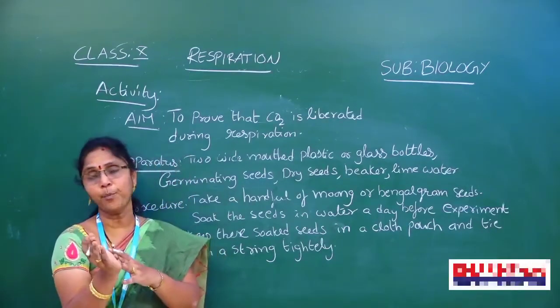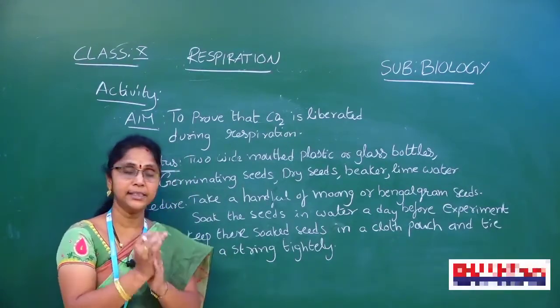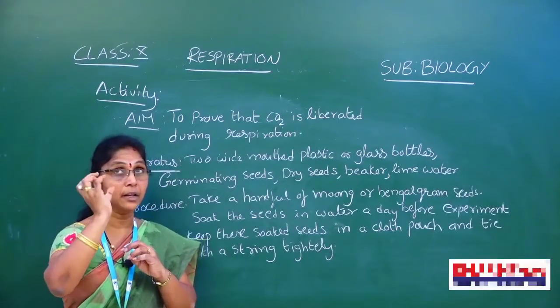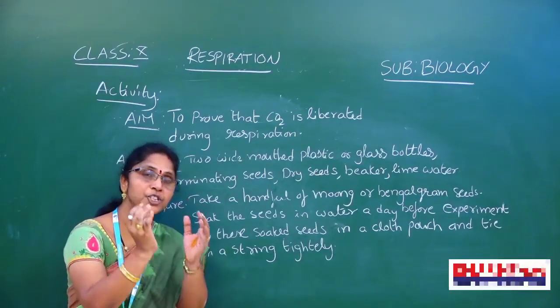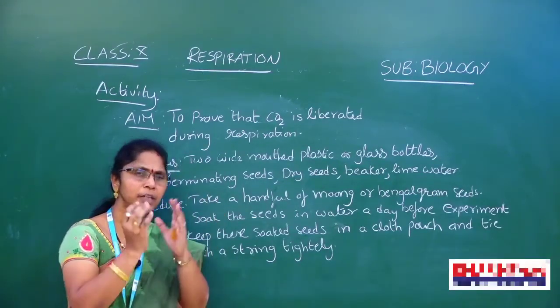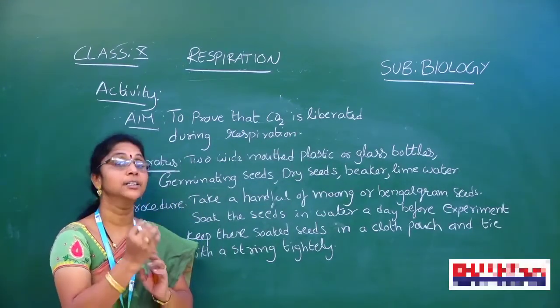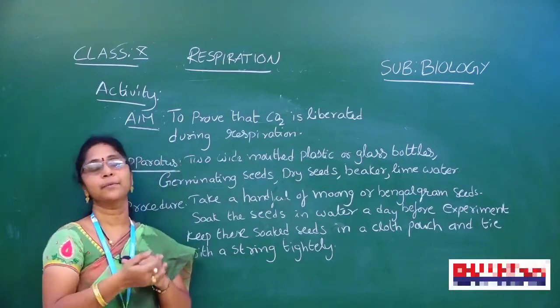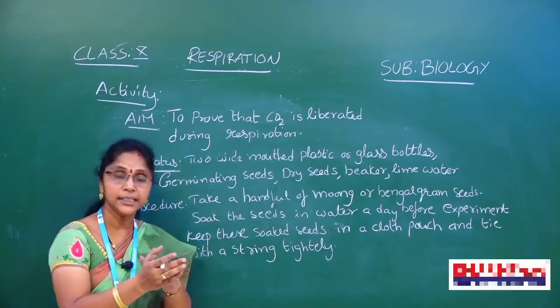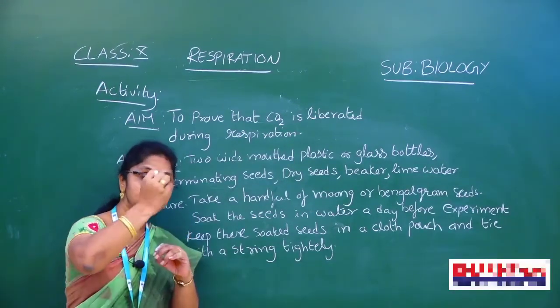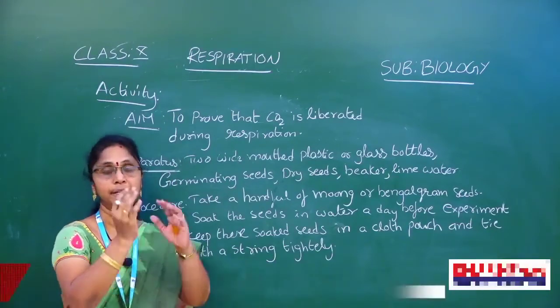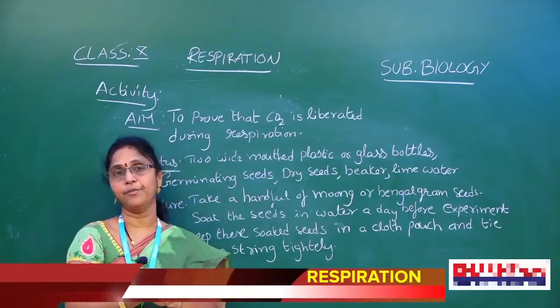The second bottle has dry seeds, and the lime water in its beaker does not change. What is the reason here? The germinating seeds release carbon dioxide, and this carbon dioxide turns the lime water milky white.